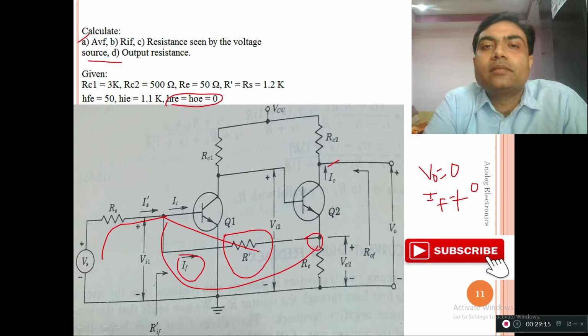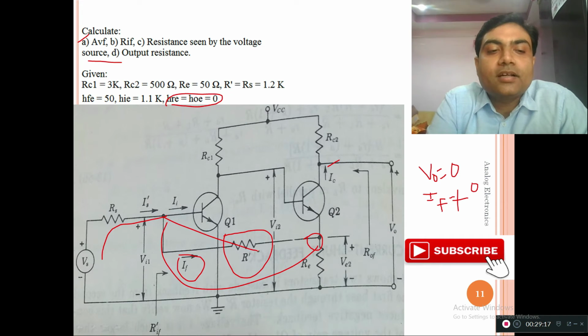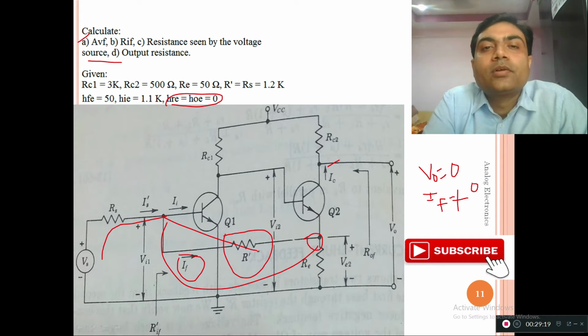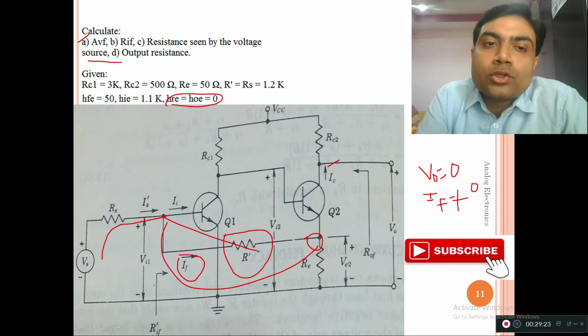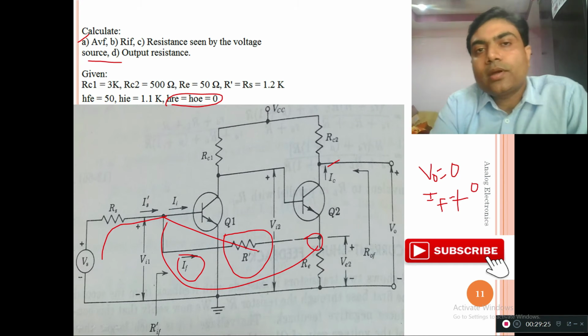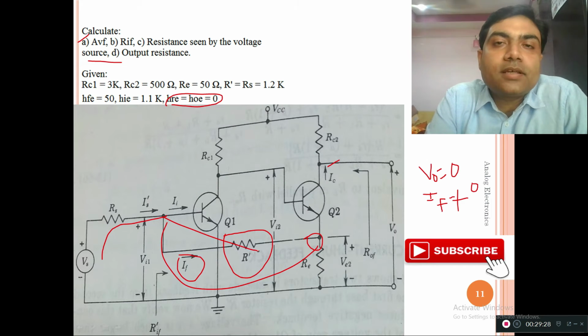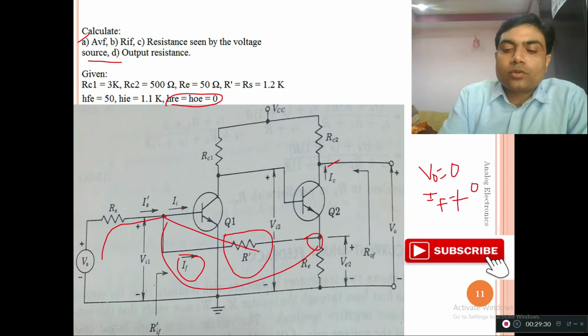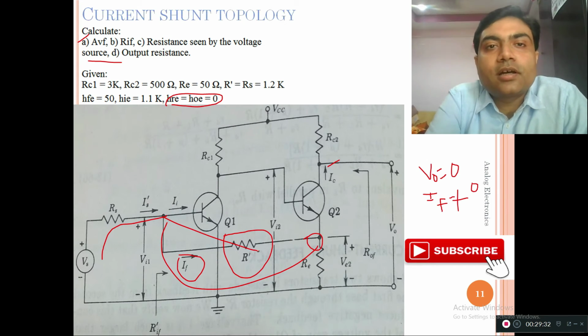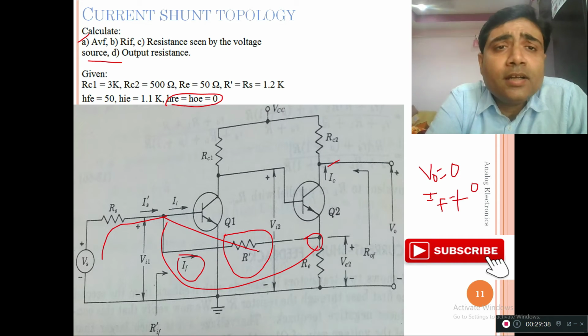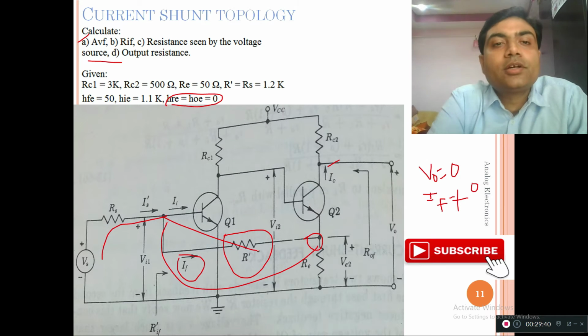It is in parallel connection with the feedback network coming across here. By both these logics, the mixing is done in the form of shunt. So this is the current shunt topology, because sampling is in the form of current and mixing is done in the form of shunt.